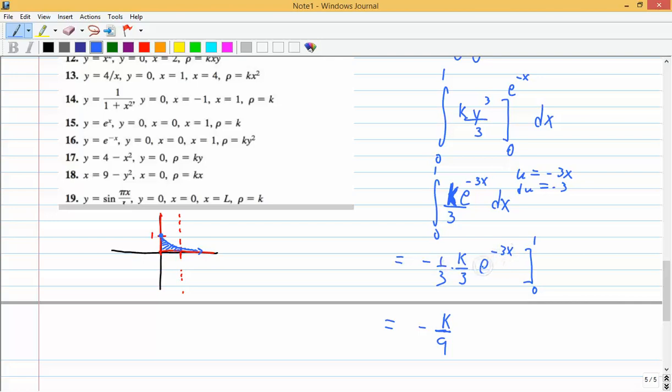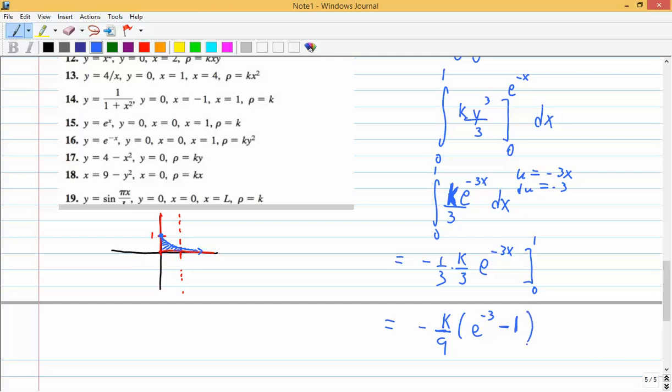And now let's deal with this, because all that's a constant. If I plug in a 1, what do I have? e to the negative 3 power. And then minus, if I plug in a 0, what do I have? 1.